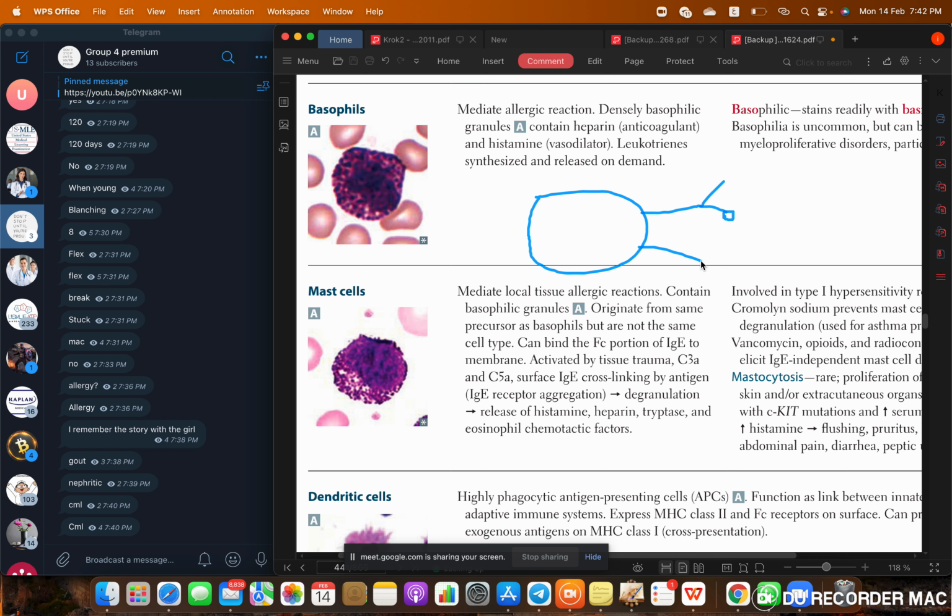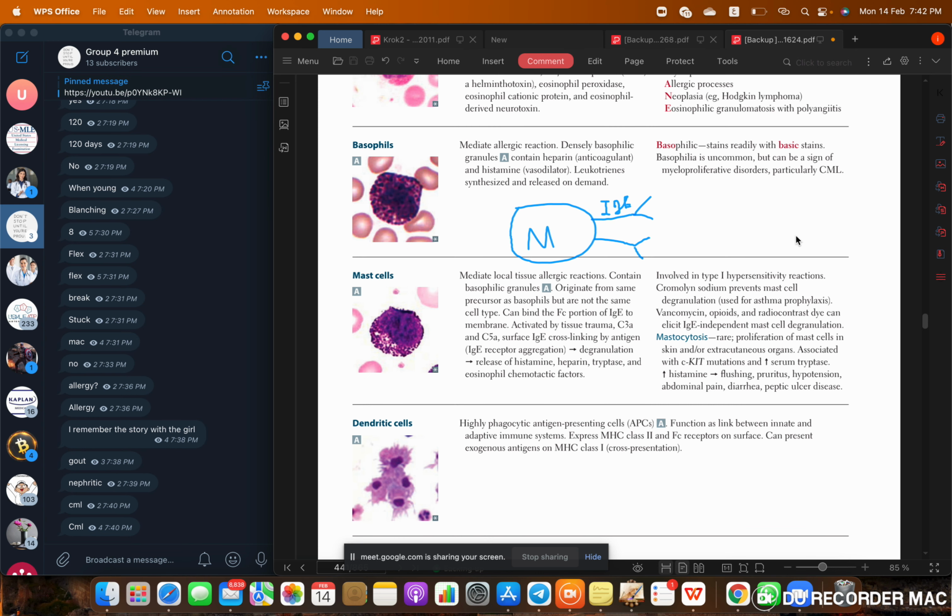Let me just tell you what happens exactly. This is a mast cell, and this is an IgE, so you will have two IgEs on the same location. Let's say that I'm allergic to nuts.